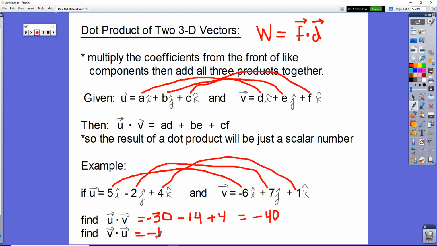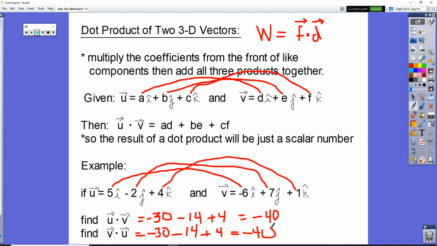And if we put the 7 first and the negative 2 second for the j's and multiply them together, you still get negative 14. And if you put the 1 first and the 4 second and multiply them together, you still get 4. So your dot product turns out to be negative 40 anyways.